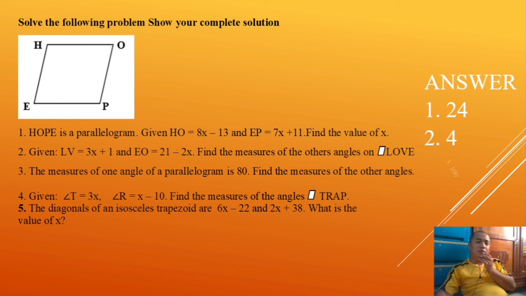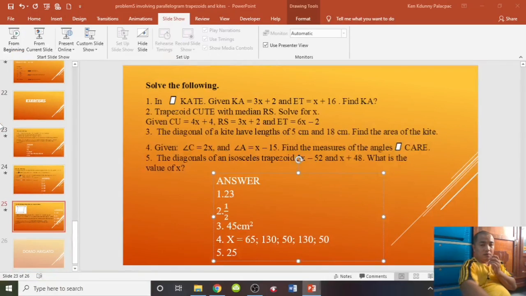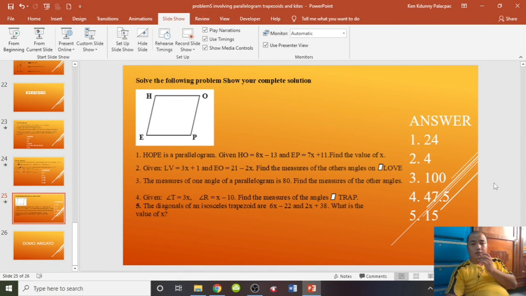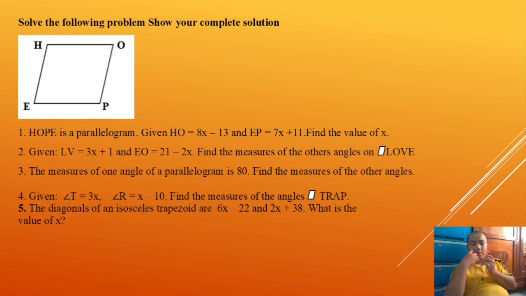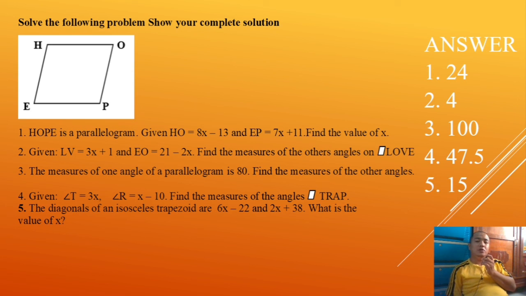Number 2 is 4. Number 3 is 100. Number 4 is 47.5. And number 5 is 15. Just try to apply the different properties of parallelograms, kite, and trapezoid. I repeat, you can screenshot this part. 24, 4, 100, 47.5, 15 are the answers for numbers 1 to 5.